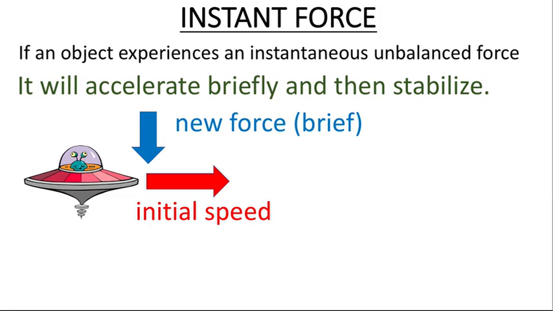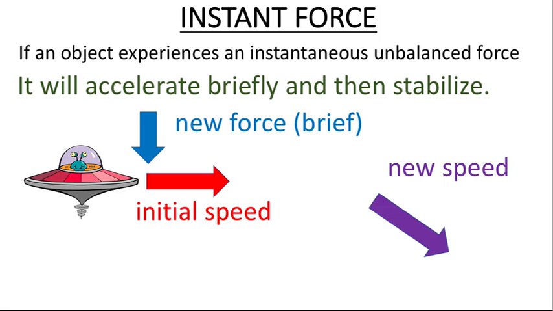Well, what's going to happen now? Because the force was perpendicular to the speed of the ship, it's going to make the ship turn. So our new speed will be angled. Notice that because of inertia, the ship does continue to move forward, but because of the impact, it also moves downward.